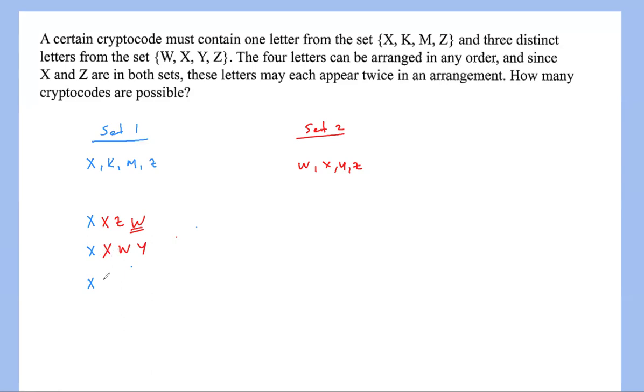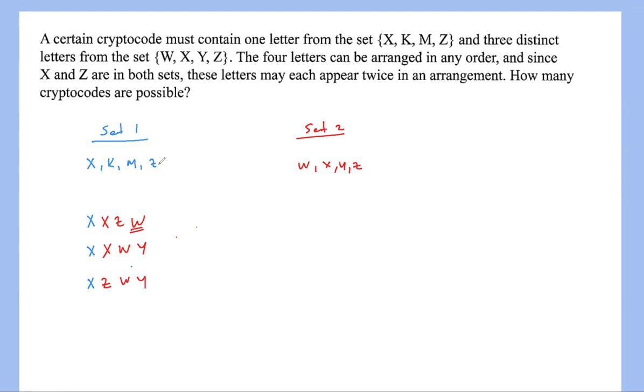Instead of choosing X, we can just choose Z, and that will force us to choose W and Y from the second set as well. But if I don't choose X or Z from the second set, then I have only 2 left, which is why I cannot do anything other than these 3 approaches. So these are the only ways I can choose 1 from the first set and 3 from the second set if my X must be from the first set.